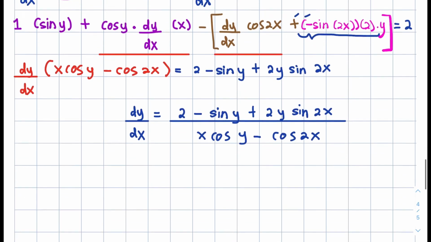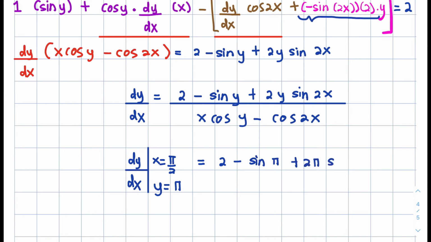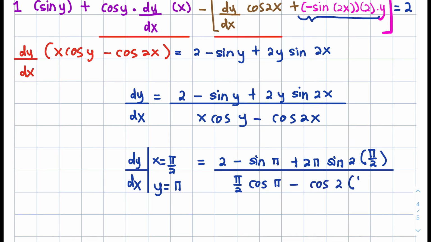So you will have dy over dx when x is pi over 2 and y is pi, equal to 2 minus sine pi plus 2 pi sine of 2 multiplied by pi over 2, over, this would be x, pi over 2, multiplied by cos pi minus cos of 2 multiplied by pi over 2.